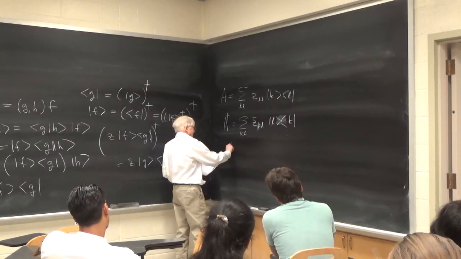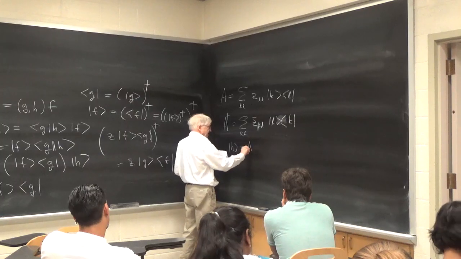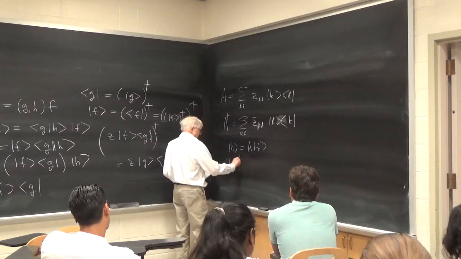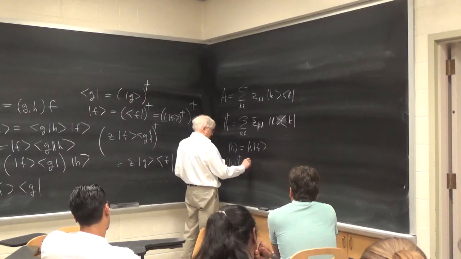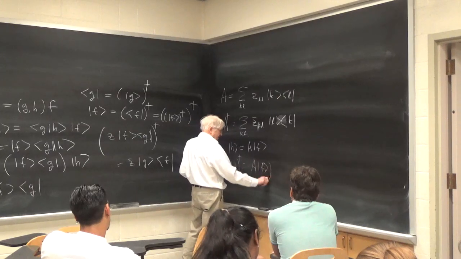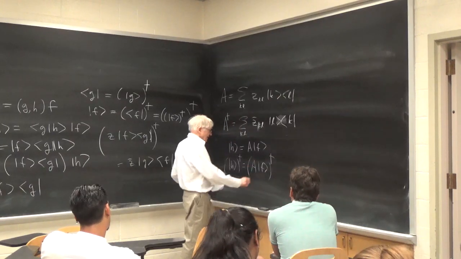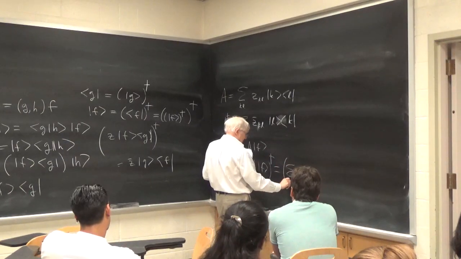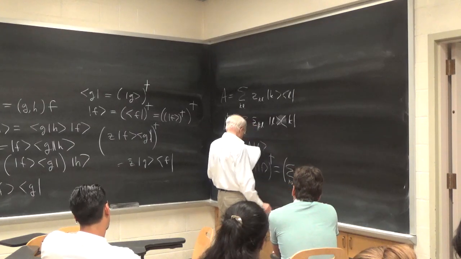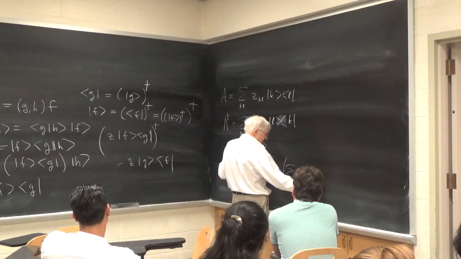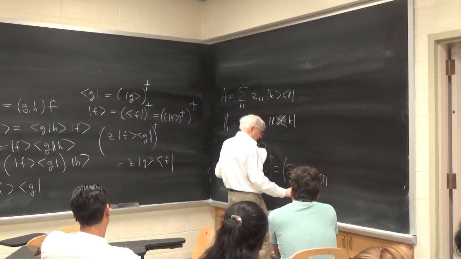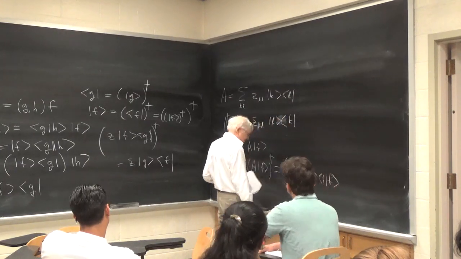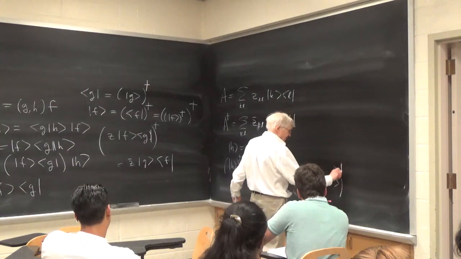So suppose we have a ket H that is A on F, and we take its adjoint. And the adjoint of that is <F| A adjoint. And now we're writing A like this, so this is the sum on K and L, z_KL, |K><L|. But now that L is hitting the F, so this is an inner product. And we're taking the adjoint of the whole thing.